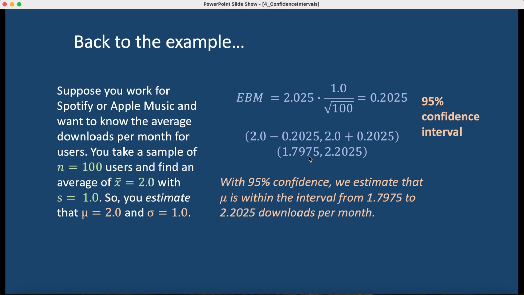But in situations where you really care about those extra decimal places or you have a particularly small sample, it will make a significant difference whether or not you use the z-score or the t-score. So just by default, if you're calculating a confidence interval for a mean, and you're estimating both the mean and the standard deviation, use the t-score.